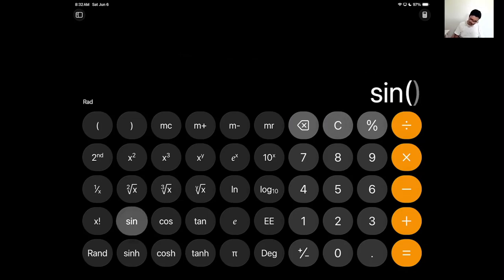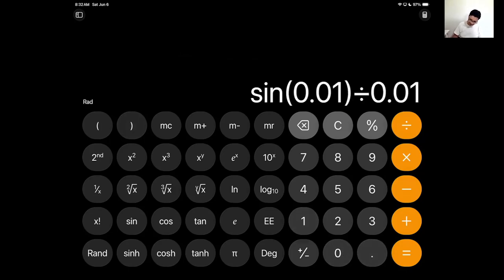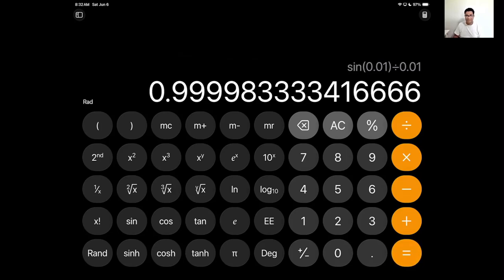Let's see if we are right. Let's take 0.01: sine of 0.01 divided by 0.01. That's 0.99999. So I don't think I have to do any more. You can already see the limit is 1.